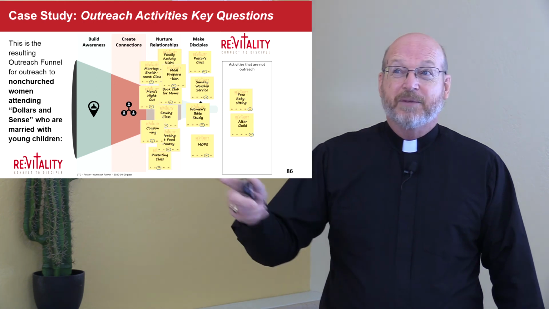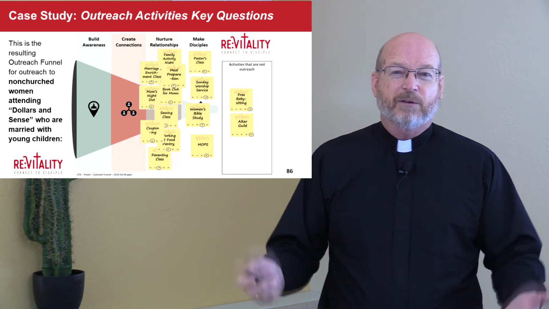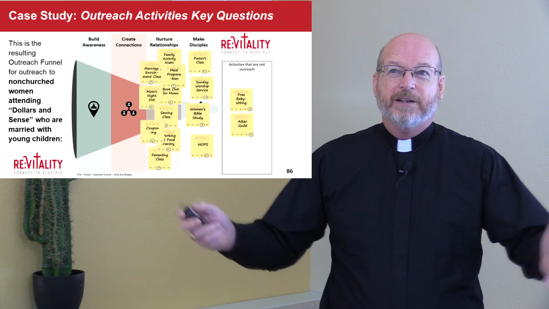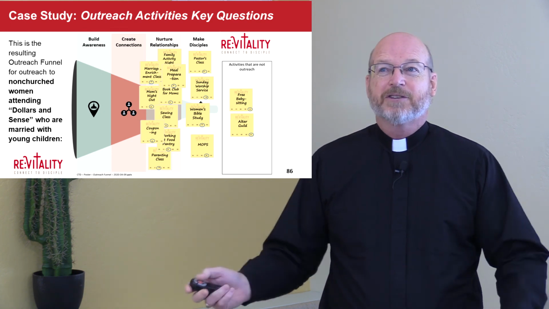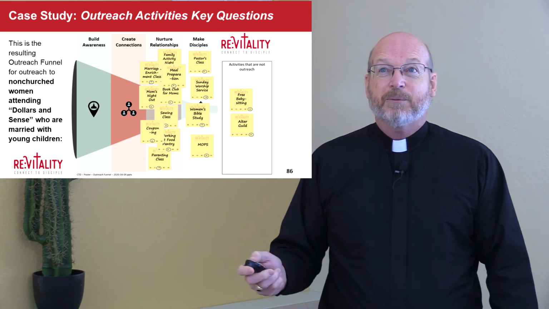You see, some of them didn't make it onto the funnel because they determined they really weren't good outreach activities for this particular whom. So this is a way of organizing all those ideas and thoughts and classifying them and getting ready to produce the outreach gateway.